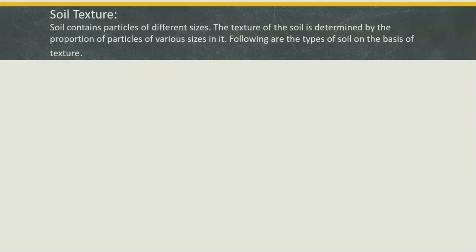Now we are going to see different types of soil. Soil texture. Soil contains particles of different sizes. The texture of soil is determined by the proportion of particles of various sizes in it. Following are the types of soil on the basis of texture. The first one we are going to discuss is sandy soil.